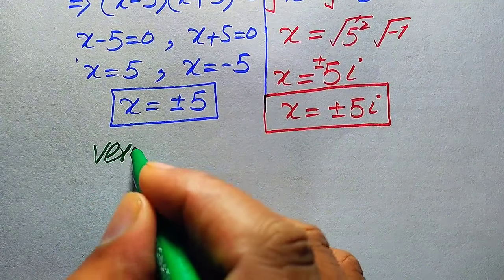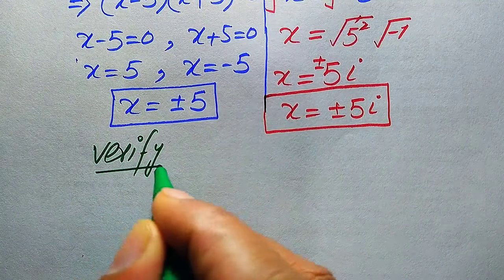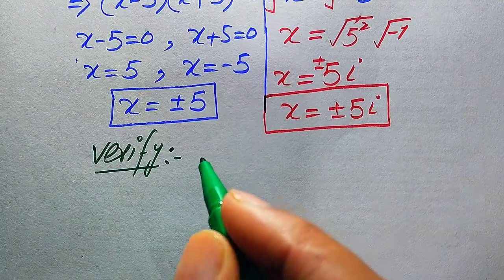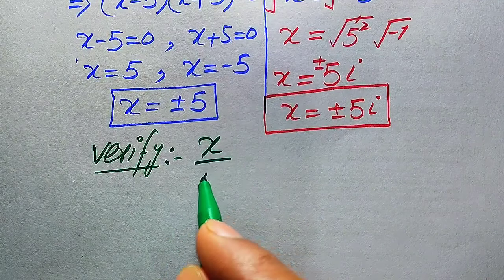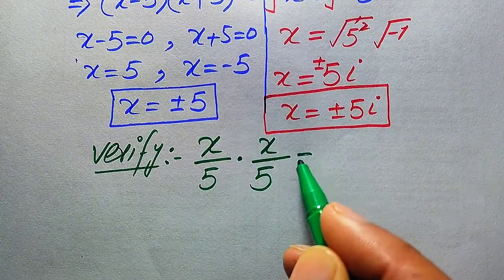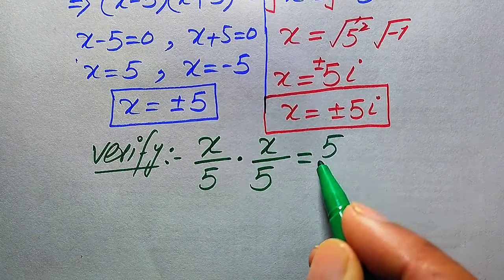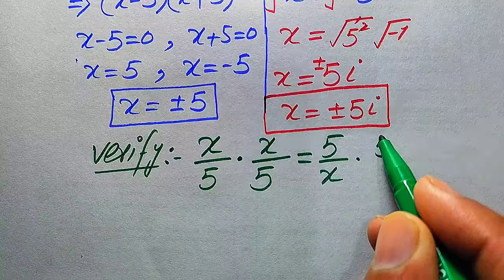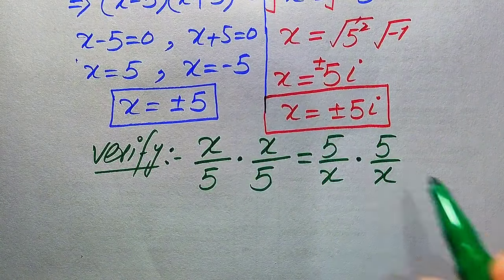So for verification of these roots, we need to copy down the given question statement here. Our given question statement is x over 5 multiplied by x over 5 equals 5 over x multiplied by 5 over x.